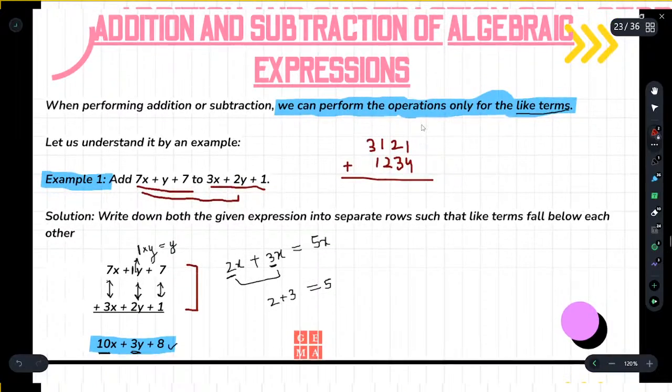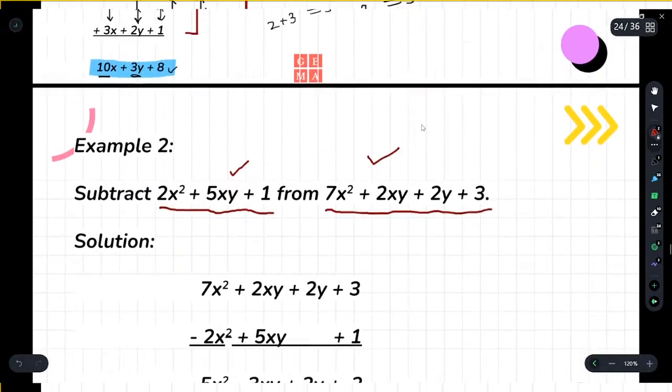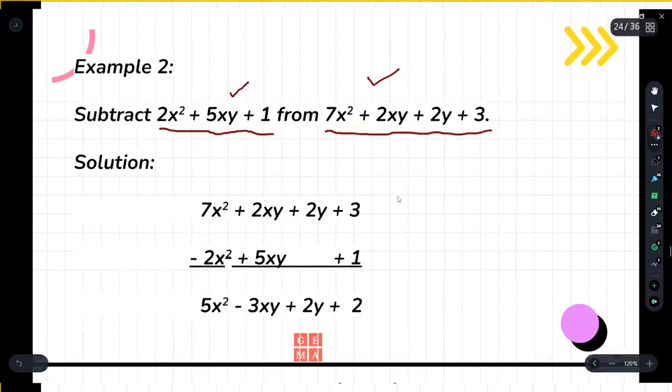Just like we did in addition, we write the like terms just below each other, writing the constants at the last like this. 2y has not got any partner, because 2y is present in this expression but it is not present in this expression. That's why we will just leave the space blank here. And maybe as well write it as plus 0. That will not make any difference.